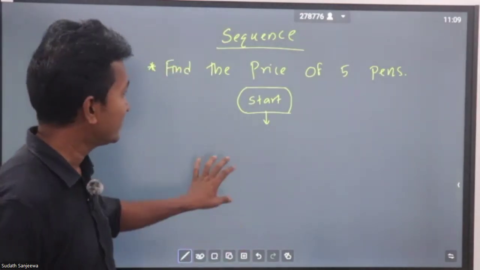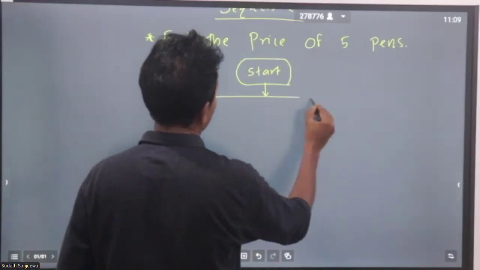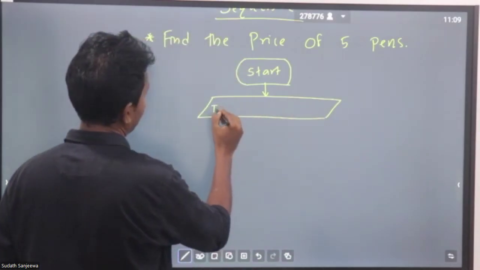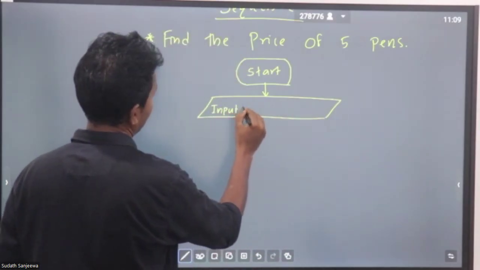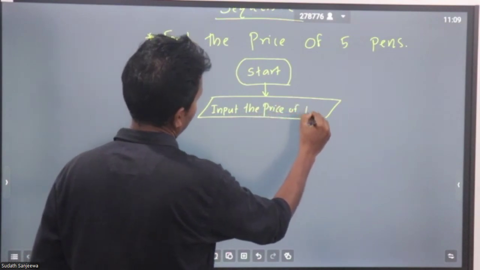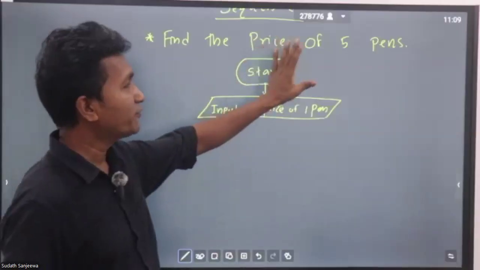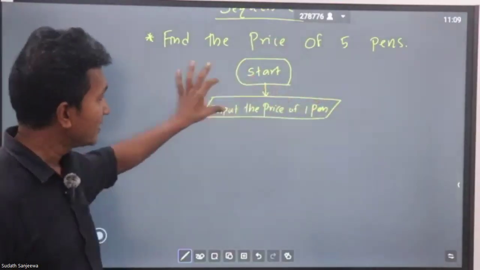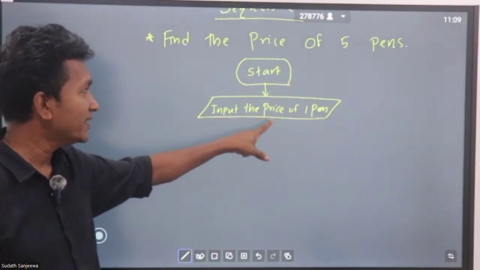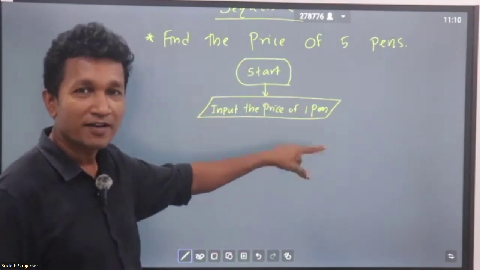Input the price of 1 pen. To find the price of 5 pens, definitely we should have this input. Otherwise, we cannot find the price of 5 pens. We should have the price of 1 pen, right? With that input, what will we do next?